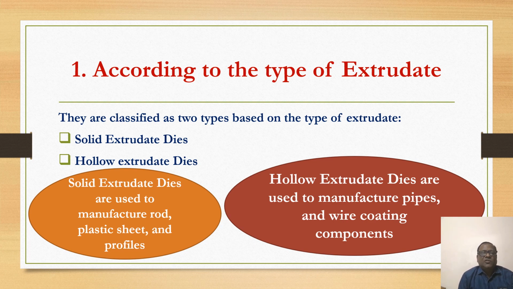In the case of solid extrudate dies, they are used to manufacture plastic components like plastic rods, plastic sheets, or profile dies, where you are making PVC, UPVC type of components which are used in our different buildings.